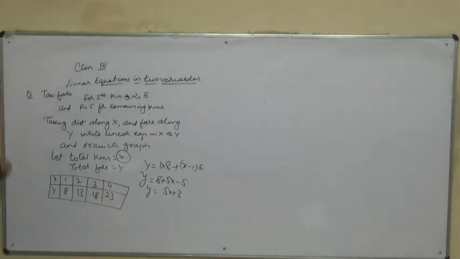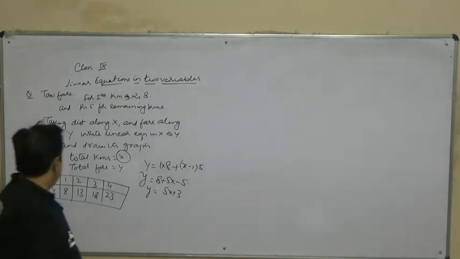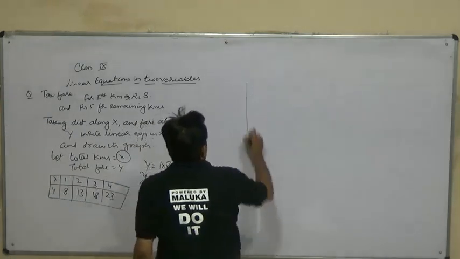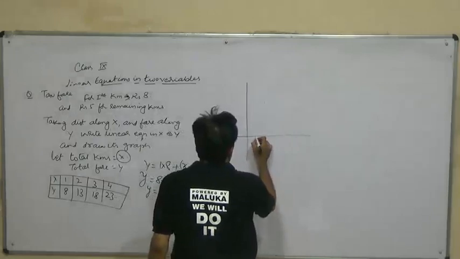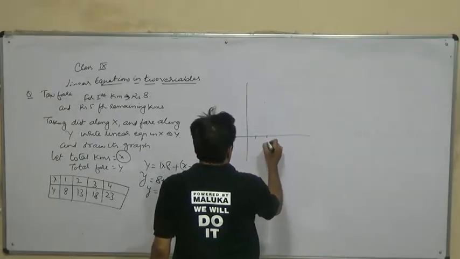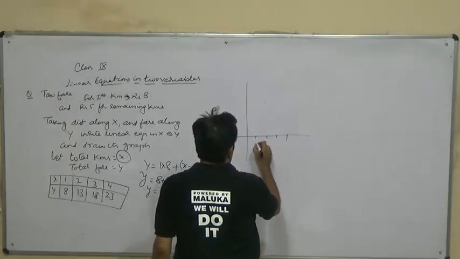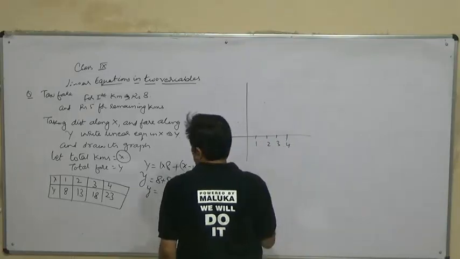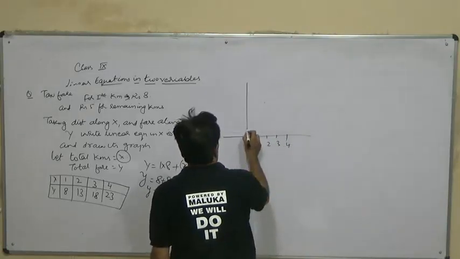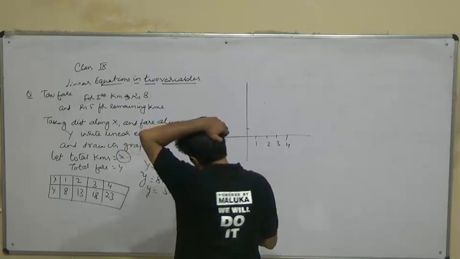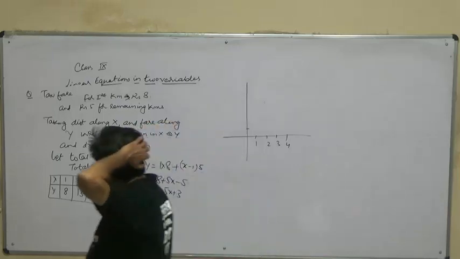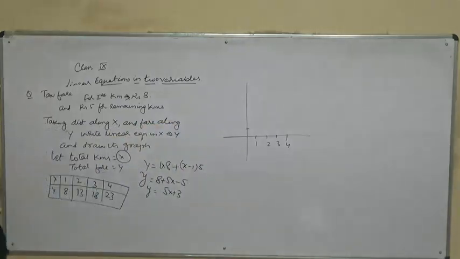Now we can plot the graph for this. So it will be like this. This is 1 2 3 4, 1 2 3 4. So we have to cover the multiple fare from 8 to 23.